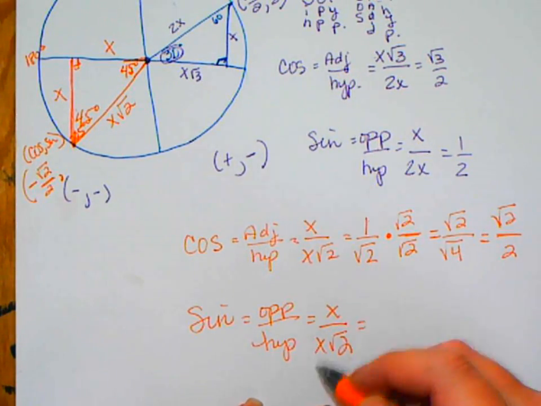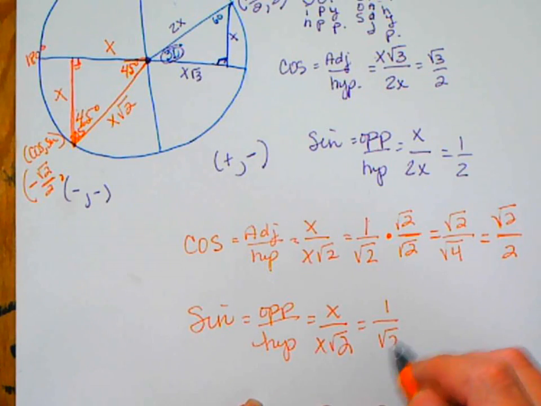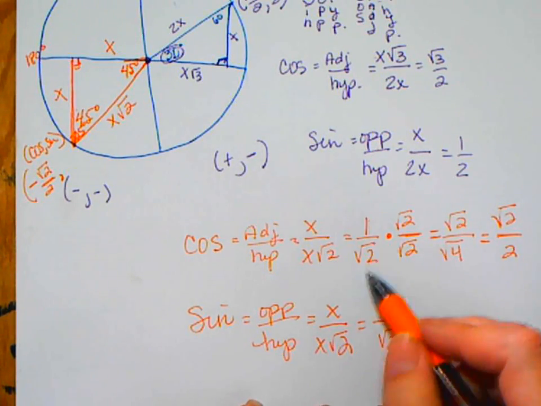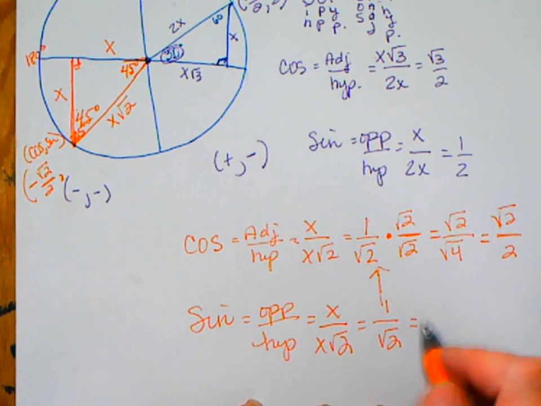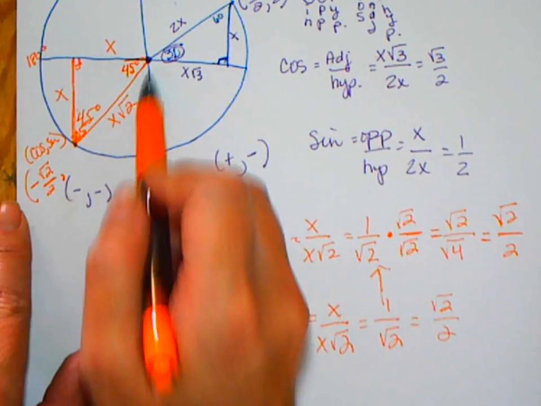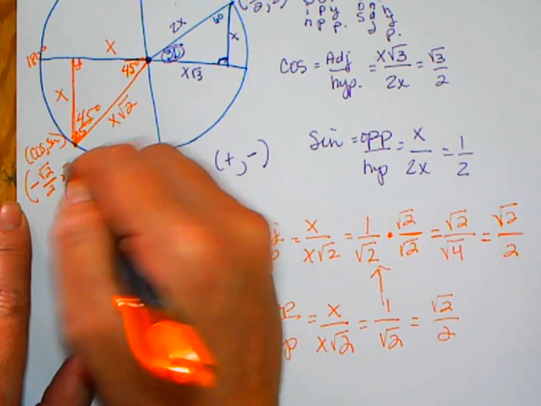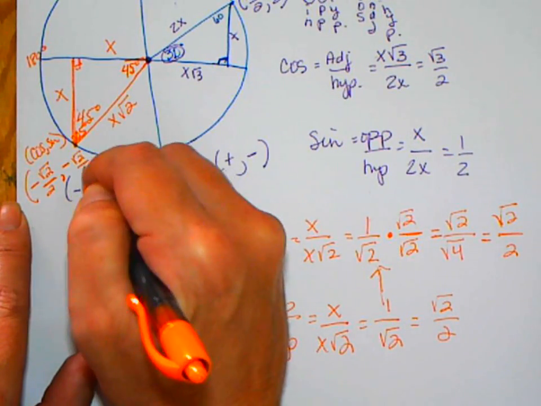So we know the x's will cancel. I'll be left with 1 over the square root of 2. Same thing we got up here, once we multiply by the square root of 2, we'll end up with square root of 2 over 2. All y values in quadrant 3 are negative, so that will be negative square root of 2 over 2.